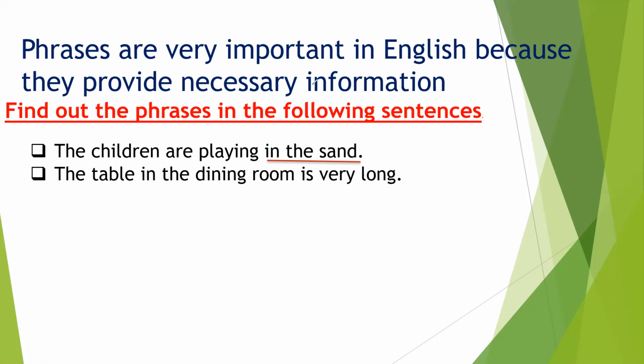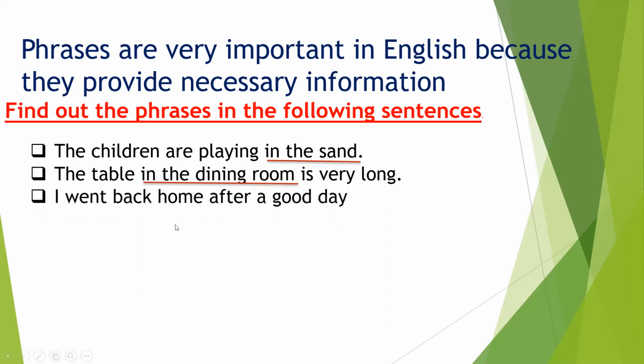If you say it's in the dining room, then you are correct. Why? Because if I erase it, I'm going to say the table is very long. This means I'm actually pointing at a table. This table or that table is very long. But here it's adding essential information. This prepositional phrase is adding essential information, or just some extra information, to the sentence.